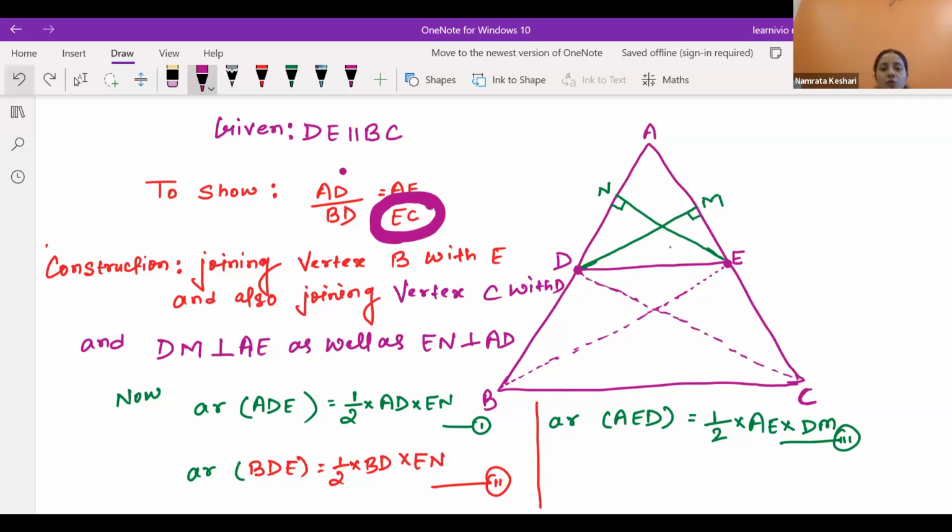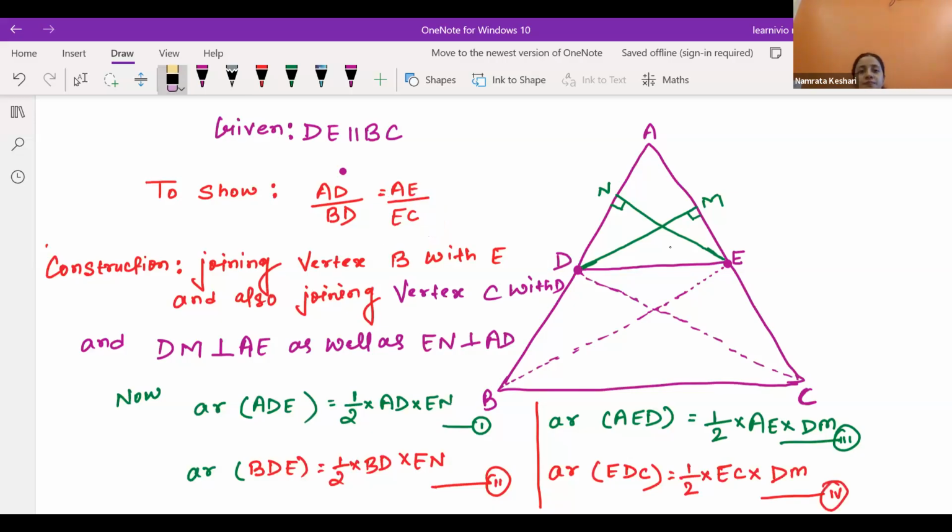So let's write the area of triangle EDC, that is equal to 1 by 2 into base EC into height DM. Equation number 4. So far, anyone having any confusion? No.